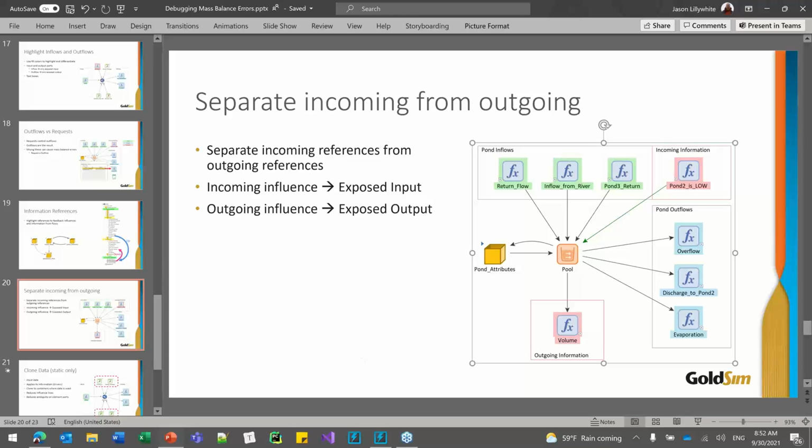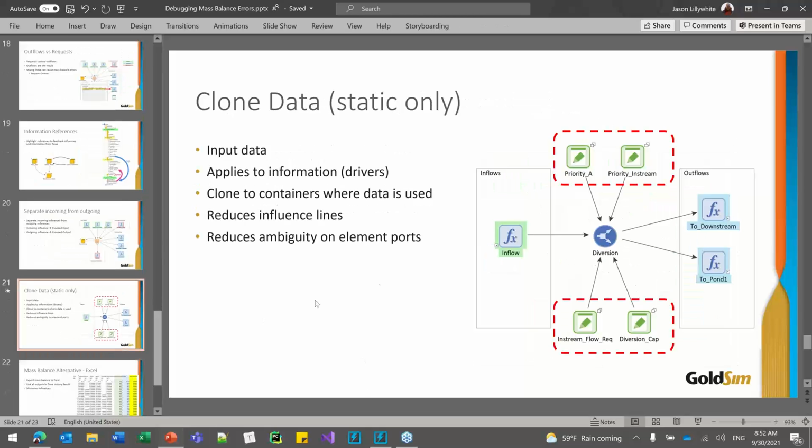That's what I've found. Okay, the next thing that pays off is when you have input data, just static input data. This can be in the form of a scalar, vector, matrix, lookup table, time series, that kind of information in your model.